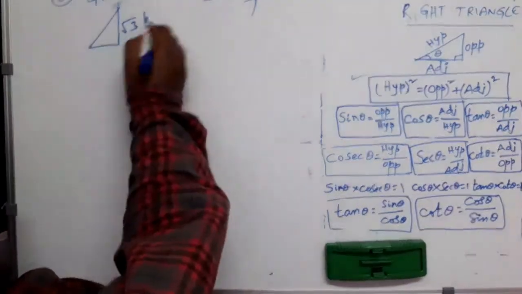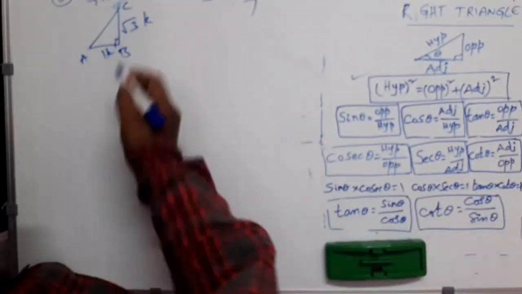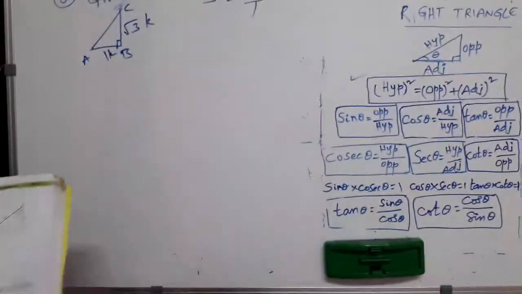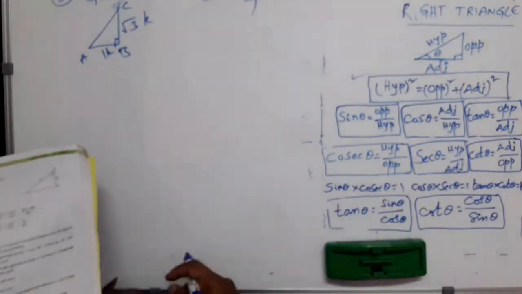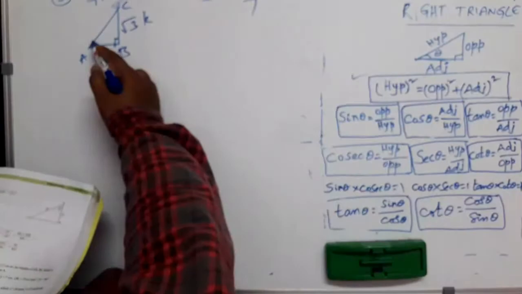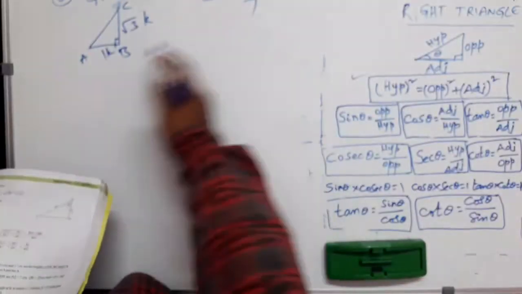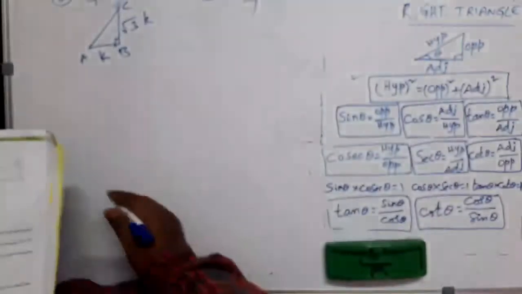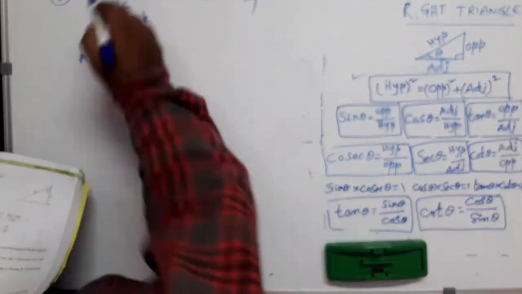Root 3k, 1k, let us consider the sides to be like that. We cannot take root 3 and 1 directly. Tan A is opposite side by adjacent side. So this is angle A, opposite and adjacent. So I am taking them to be root 3k and k. Let the other side be x only.